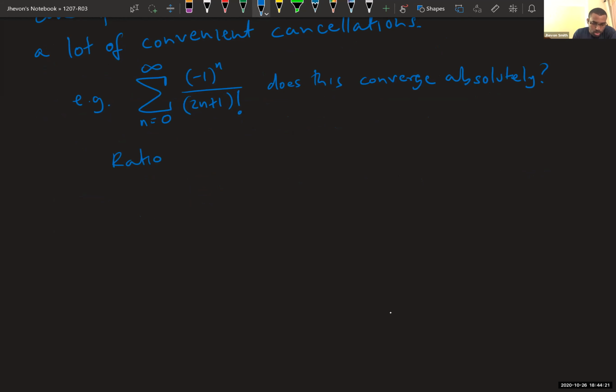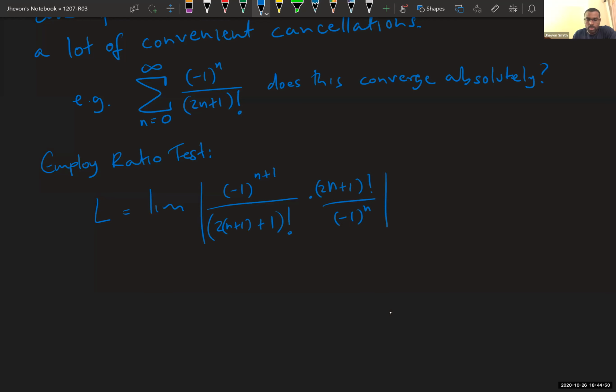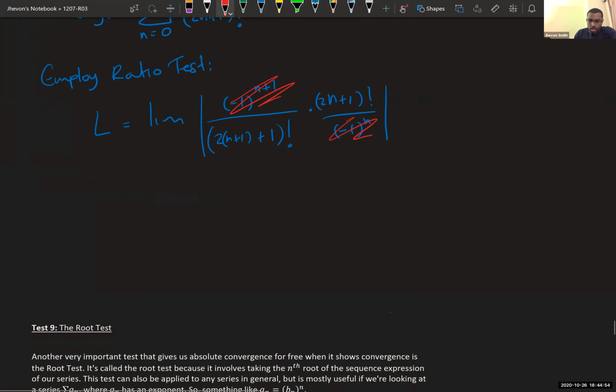So we set L, this is going to be the limit of, notice that we need parentheses here. And in fact, I can completely ignore these guys. I mean, they're not going to matter.